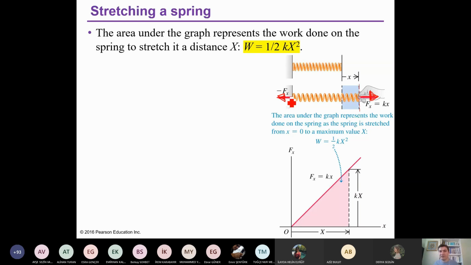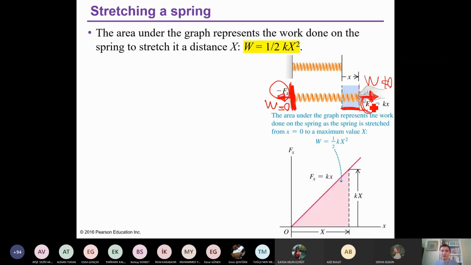But since the left side of the spring does not move, since there is no displacement on the left side of the spring, the work done by this force is 0. But for the force on the right side, we have displacement and we have certain work here. This is different from 0. So now we will calculate the work done by this force on the spring.